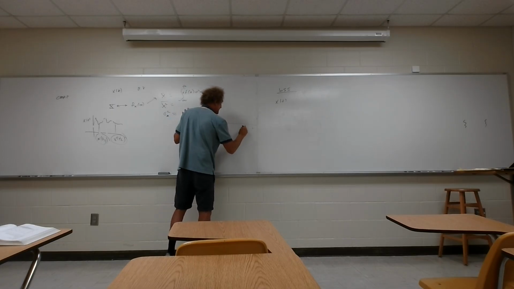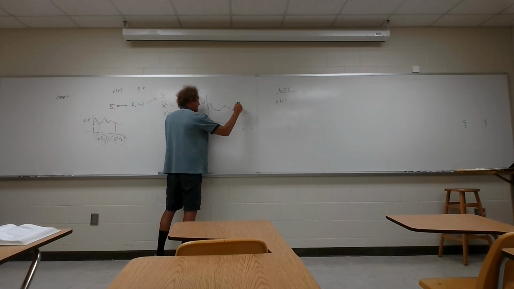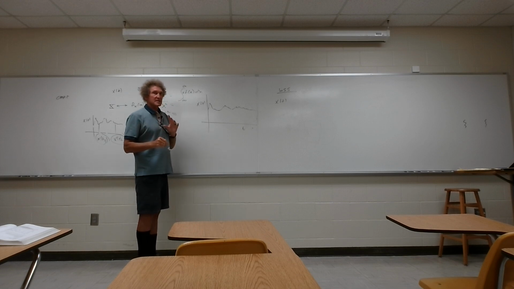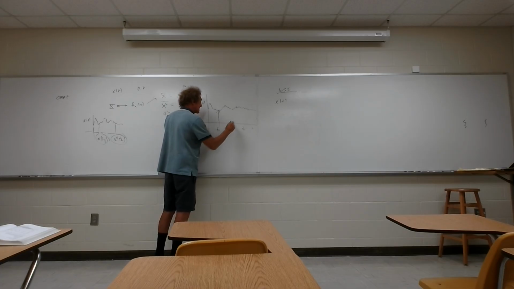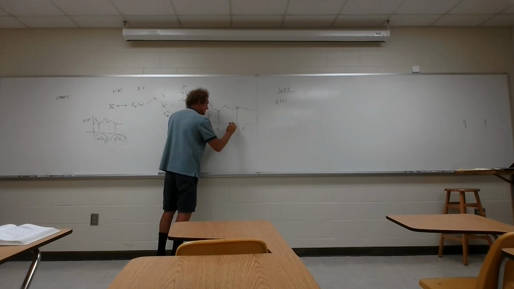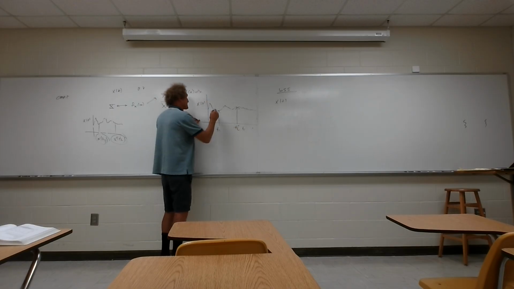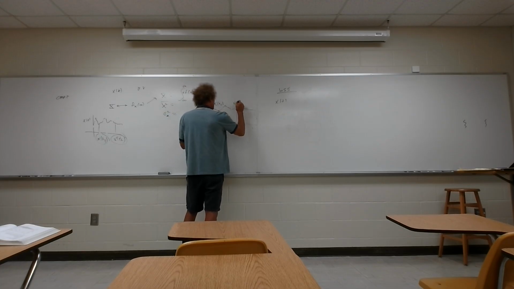If this is t, and this is the function x of t, and I want the autocorrelation. Normally they say there's going to be some t1 and some t2 here, just two values.